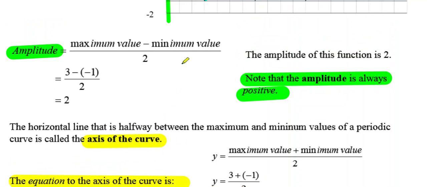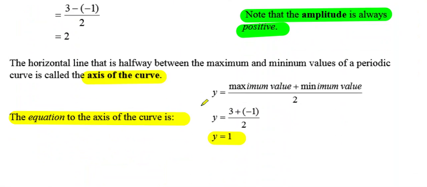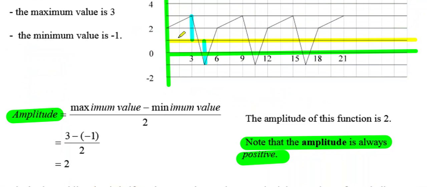And you know the amplitude is half the vertical distance of the graph. And your axis of the curve is the middle of the graph, the horizontal line that splits the graph in two.